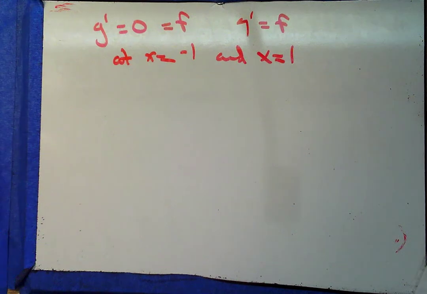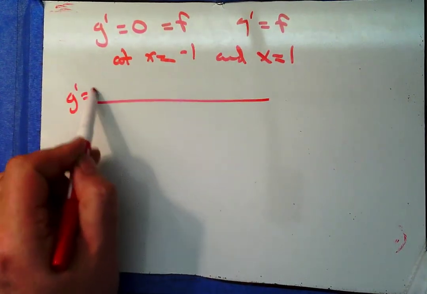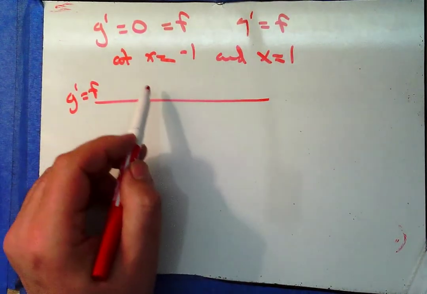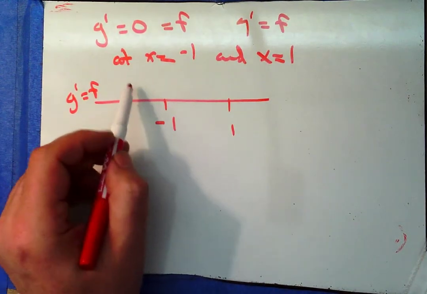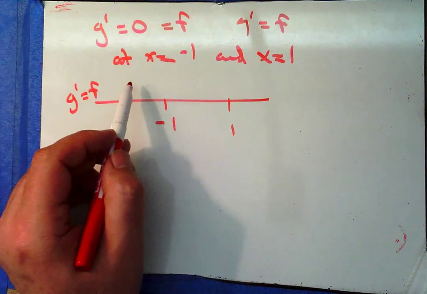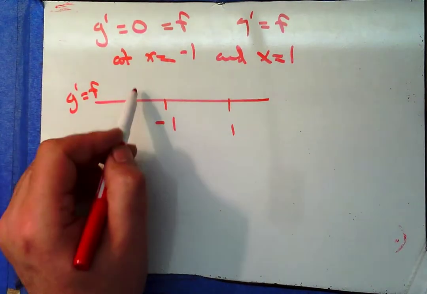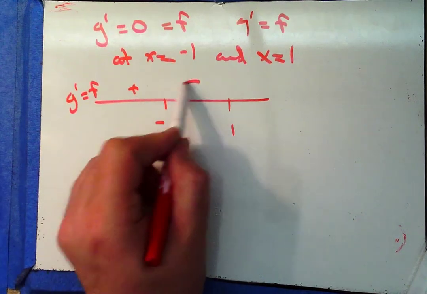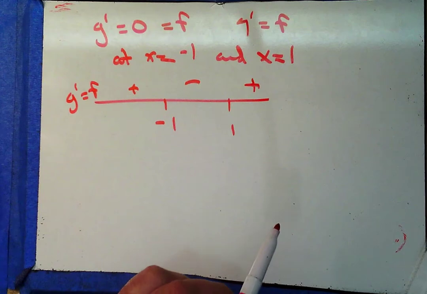For each of these, determine whether you have a max, min, or neither. Okay, well, we've got this nice g prime equals f sign chart here. I see that g prime equals f is positive over here, negative in between, and positive over here.